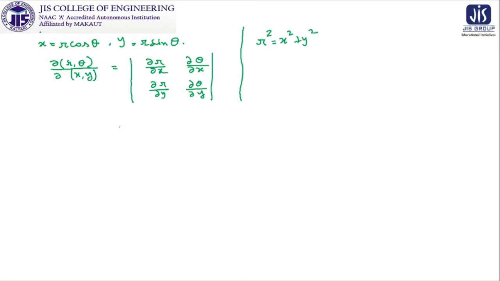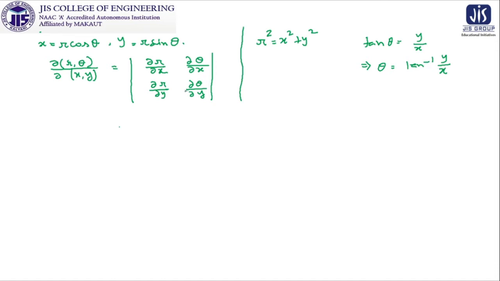You can think about it that x square is equal to r square cos square theta and y square is equal to r square sin square theta. If you add them, you get x square plus y square is equal to r square cos square theta plus r square sin square theta. Taking r square common, you get 1. Similarly, tan theta is equal to y by x, so I can write theta is equal to tan inverse y by x.